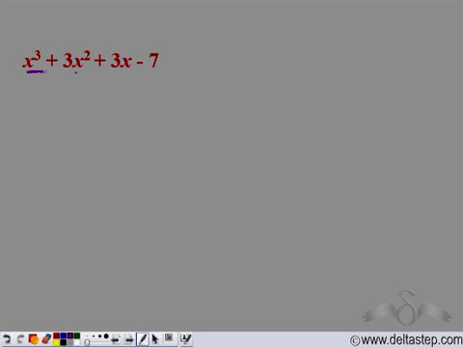It is a cube plus b cube plus 3a square b plus 3ab square. So let us see if we can write this expression in that form and get something out of it. So x cube can be written as x whole cube.